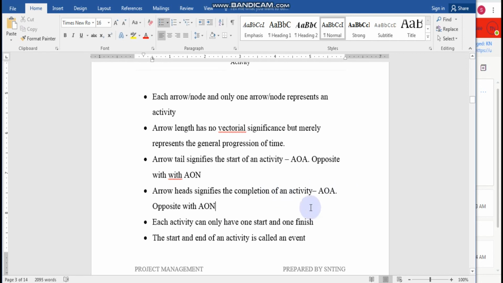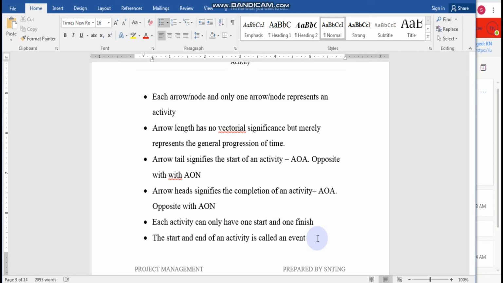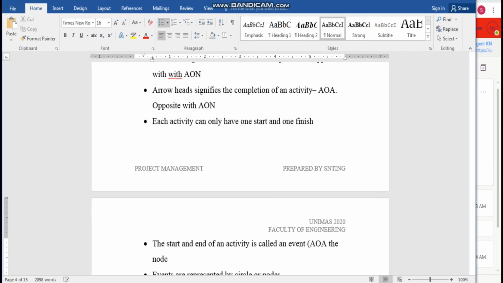The start and the end of an activity is an event. So an event in AOA is actually the node, and in AON it is actually the arrow.